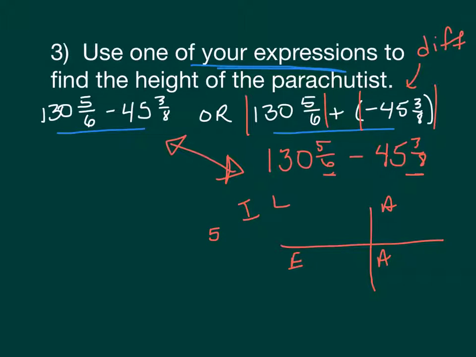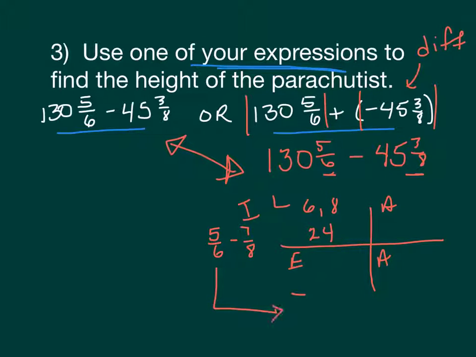So at this point I'm actually just going to take my fractions over here and see if it's possible to subtract them the way that they are right now. Because we're not sure. We don't want to go into a negative at this point because that'll just confuse us. So the first thing I need to do is find the LCM, or least common multiple, of 6 and 8. That, of course, is 24.